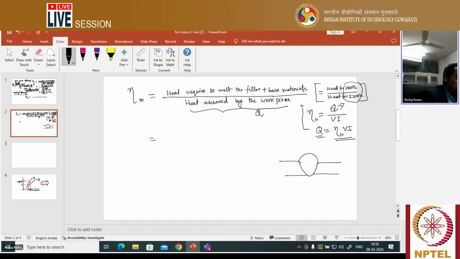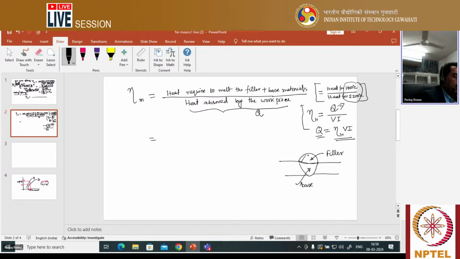In this welding, let us consider this mass is your filler material, and this is your base material, which is subjected to fusion, that means melt.